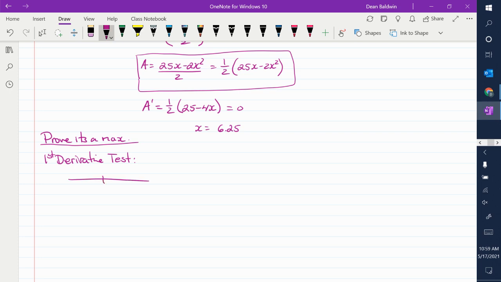So that's where you take your 6.25. You test a number on either side of it. It doesn't matter what number. So if I put a number less than 6.25, I get a positive or negative?